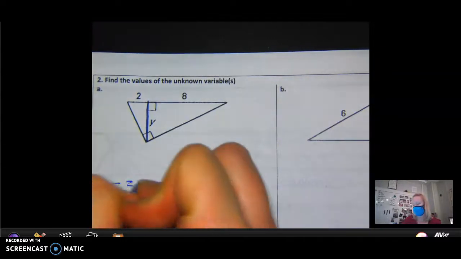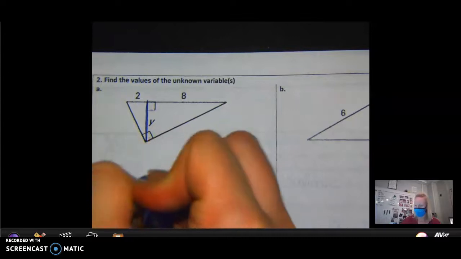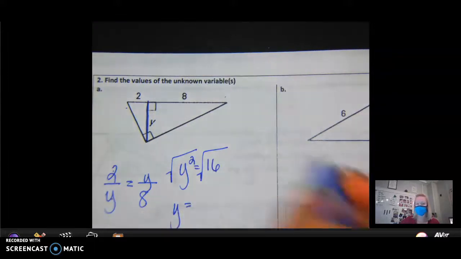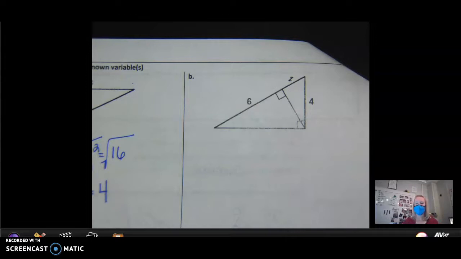What over what equals what over what? 2 over y equals y over 8. Correct. Could I have set that up as 8 over y equals y over 2? Root y equals how much then? 4. Perfect.